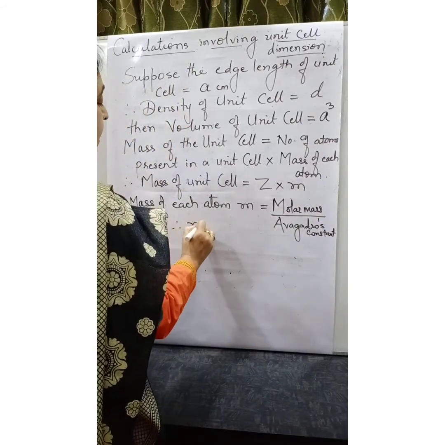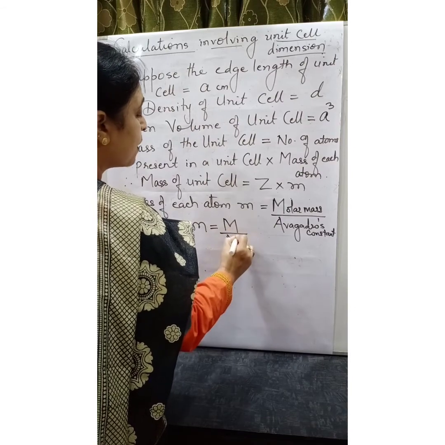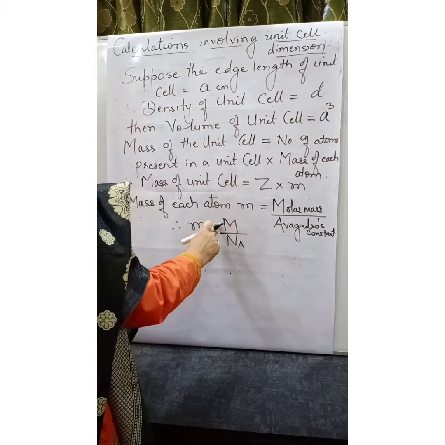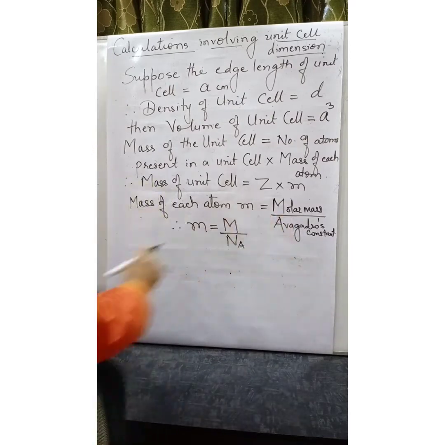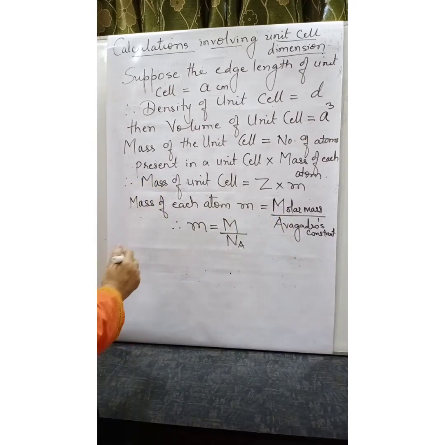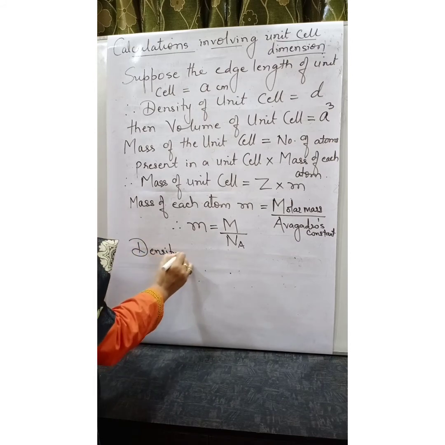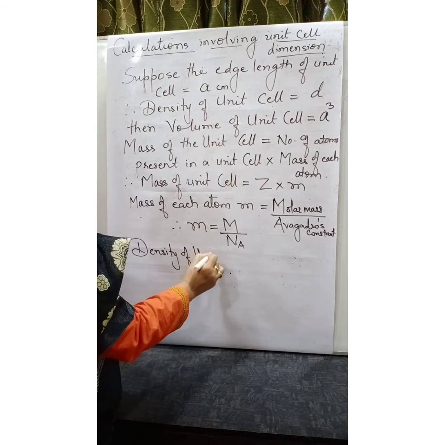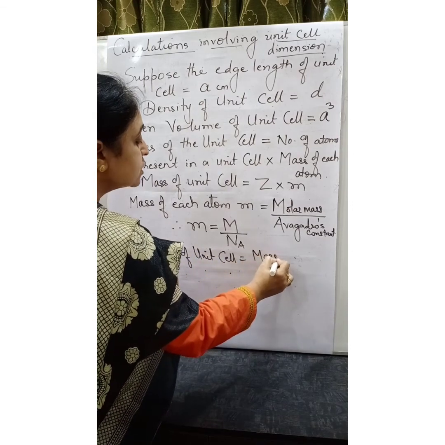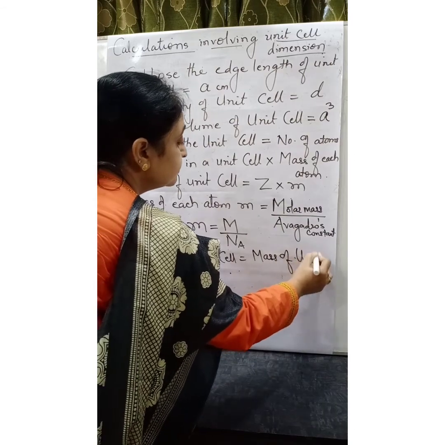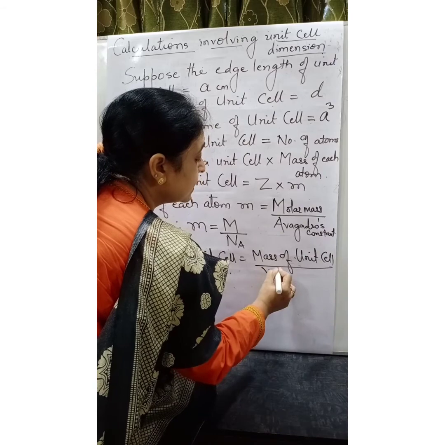Therefore, we can write small m is equal to capital M upon Na, where capital M is the molar mass and Na indicates Avogadro's constant. Now you know that density of unit cell is equal to mass of unit cell upon volume of unit cell.